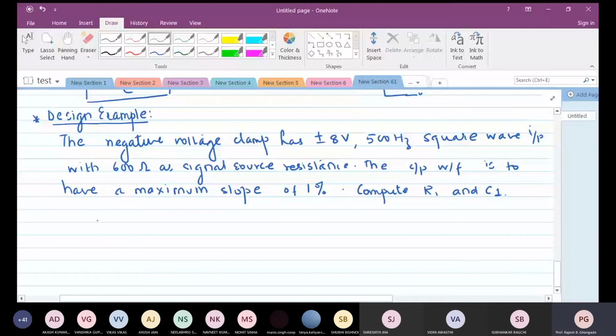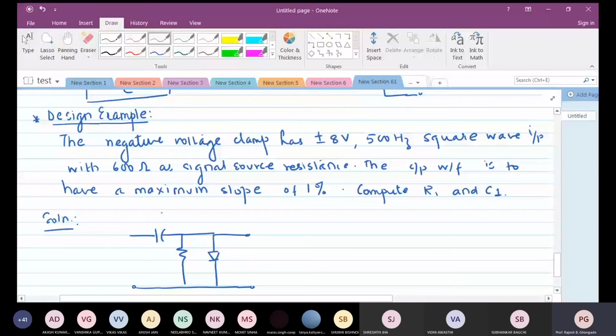So if I draw the circuit diagram for the problem, this is the capacitor, this is the resistor R1.